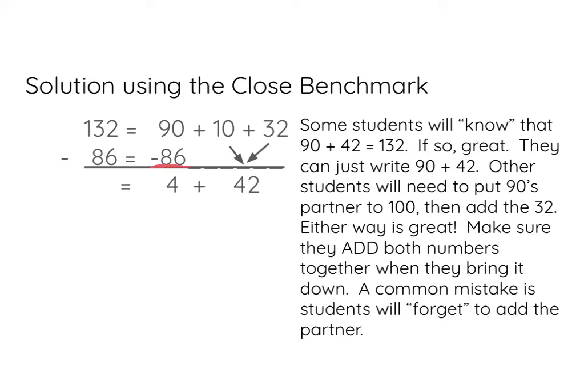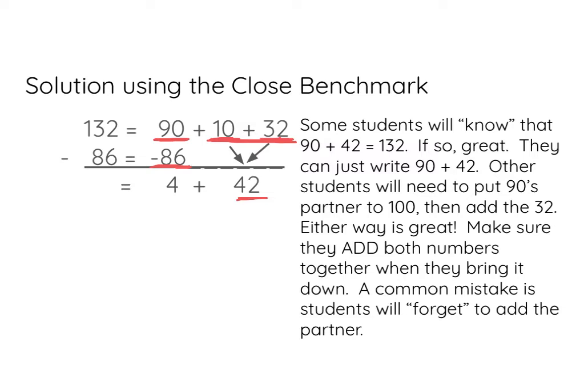I put my 186 there, and I put my close benchmark above it, which is 90. I have to rename it, so I add the 10 to get to 100 and the 32 to get to 132. Make sure you combine both of these 2 numbers to bring them down to 42.